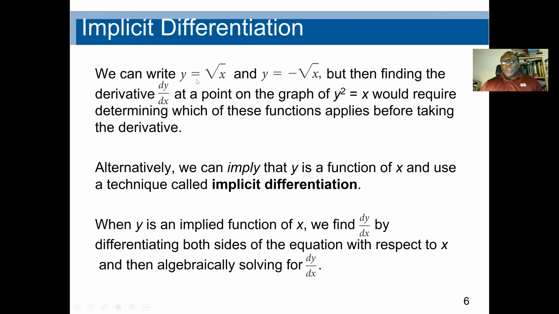Since y squared equal to x gives y equal to positive or negative square root of x, we don't know where to start from. So the best way of solving this problem is using implicit differentiation techniques.